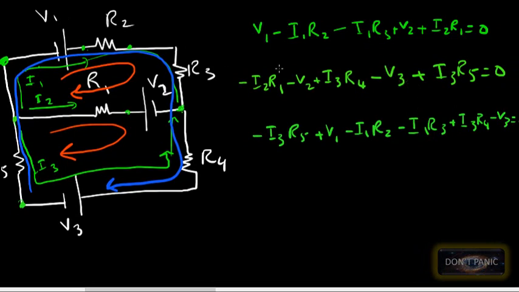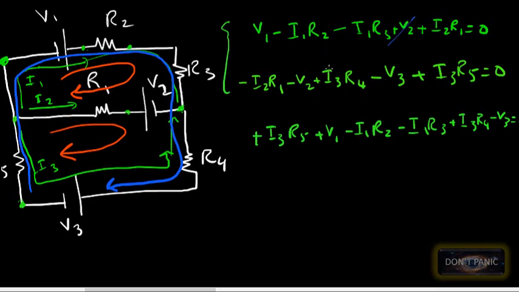Then you'll see that actually this one should be plus, because we were going in the direction that's opposite to the current. Then you will see that if you add these two equations, let's see, I1 R2, so we have this term here, I1 R3.